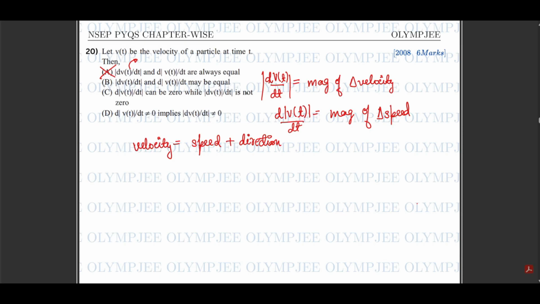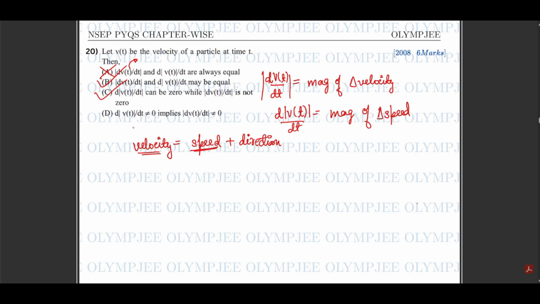Yes, this is true. If direction is not changing, then both changes will be equal. Option C is that rate of change of speed can be 0, while rate of change of velocity is not 0. So if this is 0, then this can be non-zero if change of direction is non-zero. So option C is also correct.